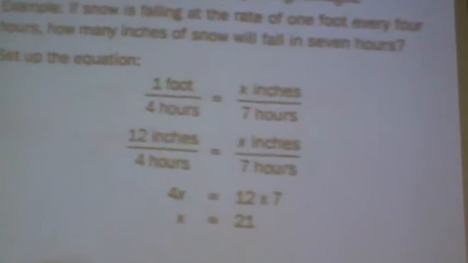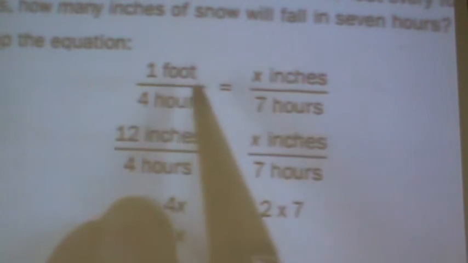89. How do you solve a problem involving rates? Well, this is the easiest thing I can show you. You want to convert them. You want to keep your rates straight. Here's a good example. If you have 1 foot to 4 hours and you want to convert it to inches over 7 hours, you've got to keep your numerators the same, so inches is inches.